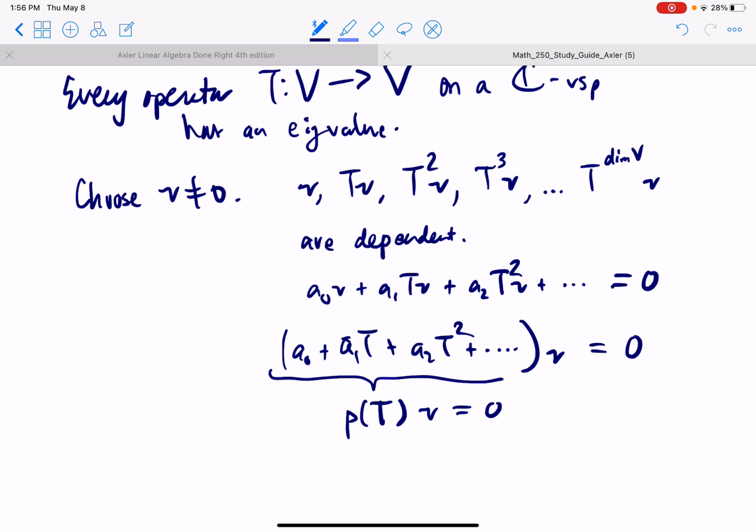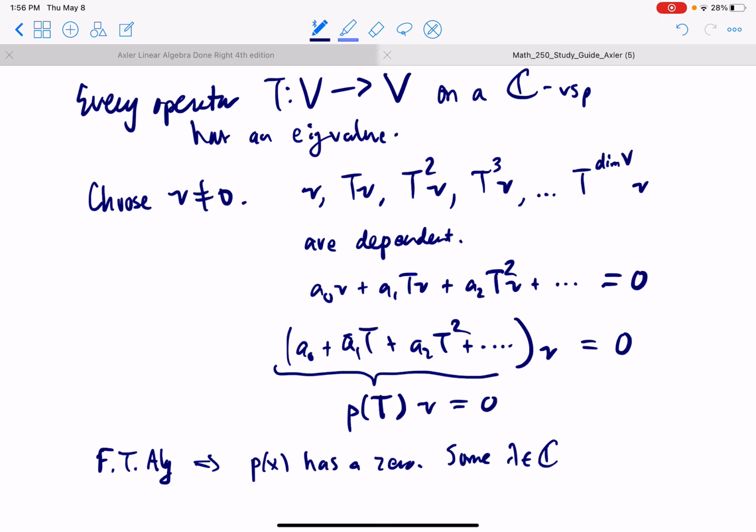Okay, so then how does that help us? Because we have a theorem, the fundamental theorem of algebra, says that p of x has a 0, in other words, some lambda in C. Now this is the fundamental theorem of algebra over the complex numbers, meaning the 0 might be complex, okay?